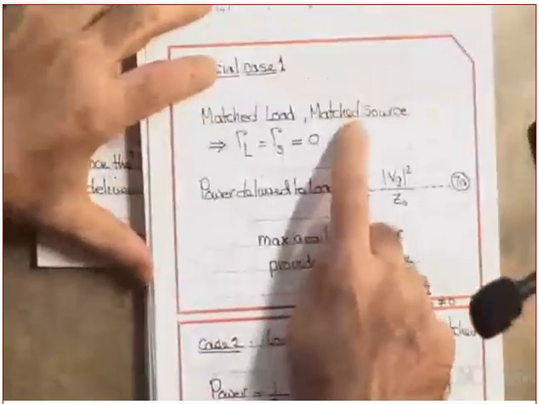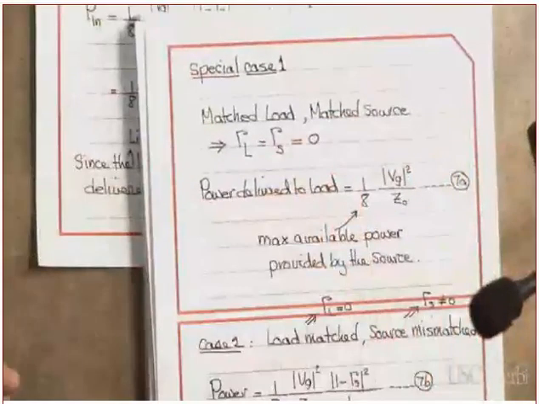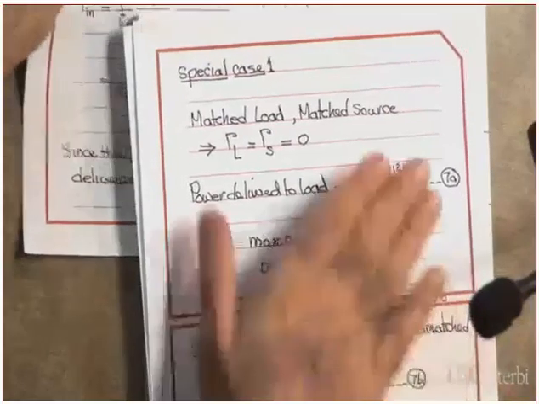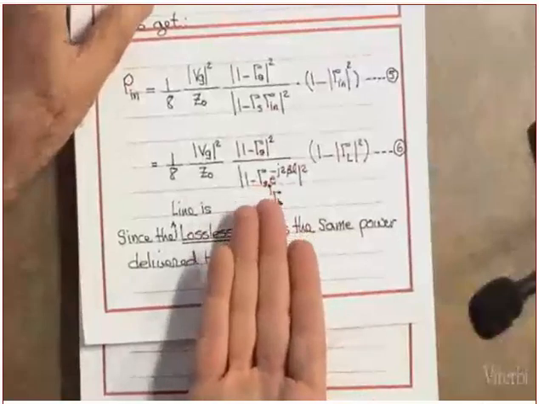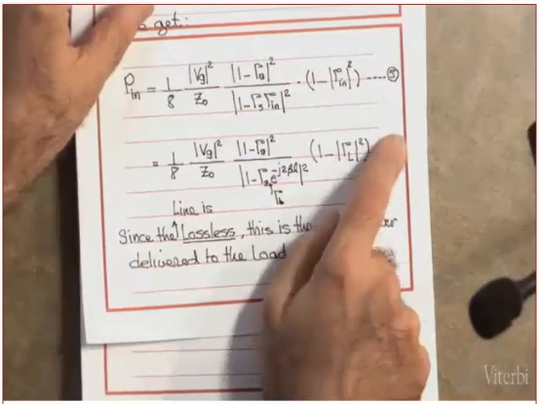Okay, let's take special cases. Matched load, matched source. Both of them are matched, which means there is no reflection at the load and no reflection at the source. Tell me, what do I substitute? Gamma L equals 0. Gone.